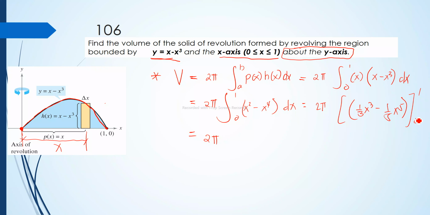Of course, if we have a 0 that is just equal to 0, then we'll have 2 pi times 1/3 minus 1/5, or simply the volume of the solid of revolution formed here is just equal to 4 pi over 15 cubic units.